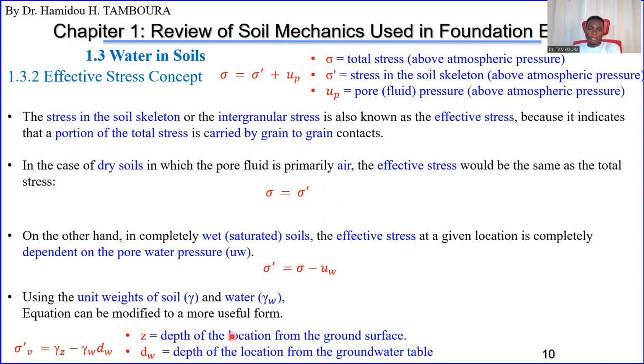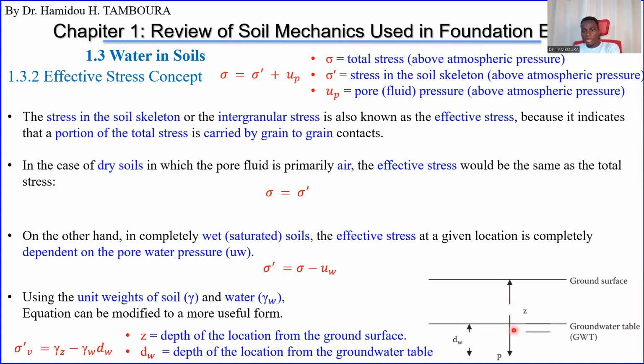Z is the depth of the location from the ground surface, because we have gamma Z here, okay? And dW is the depth of the location from the groundwater table. That is the meaning. This figure can explain a little bit. So we have the water here, the level of water here, and this is your dW.